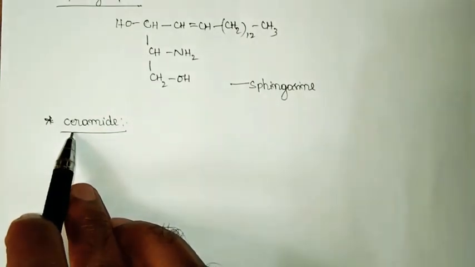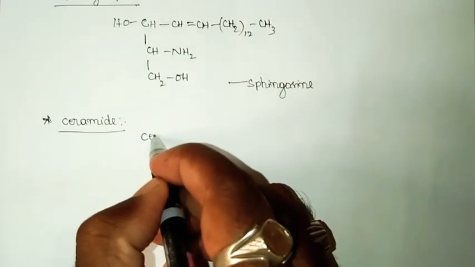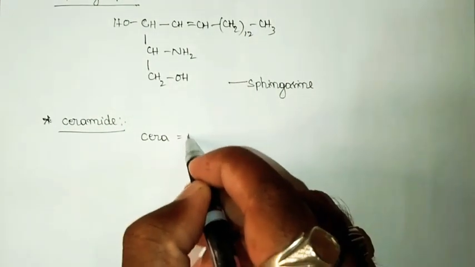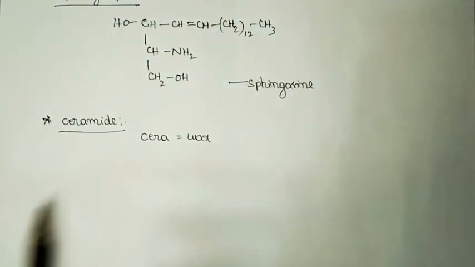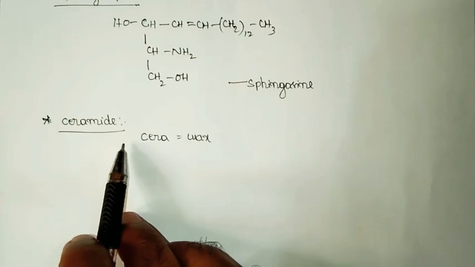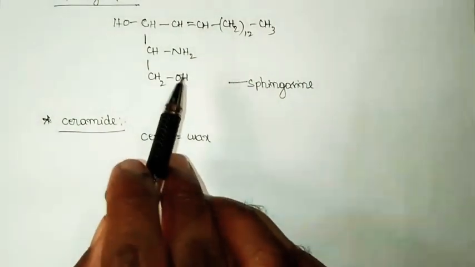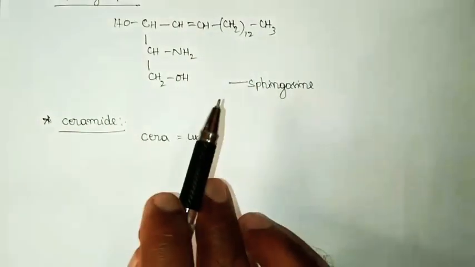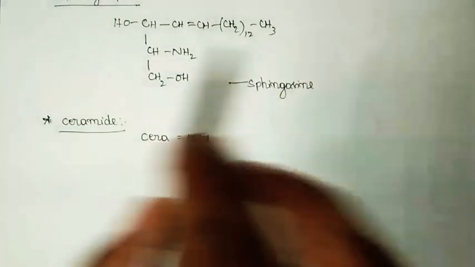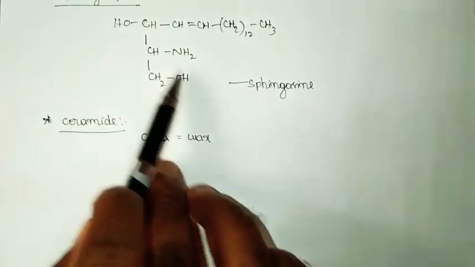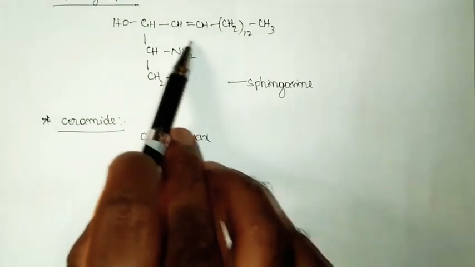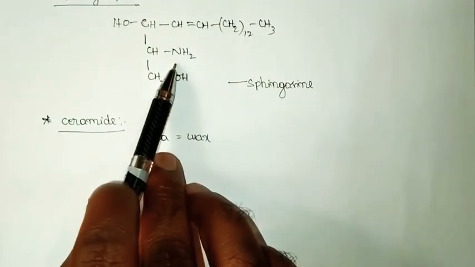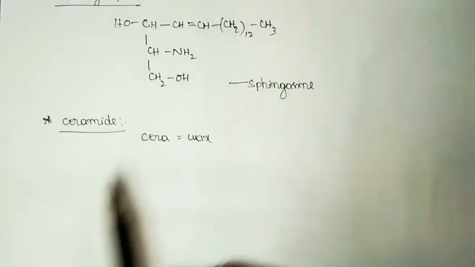Here we have the term cera, which means a wax type of material. This ceramide is formed by the condensation of sphingosine with a fatty acid. There is no reaction with the OH group. Instead, the fatty acid molecule reacts with the amine group to form an amide linkage.